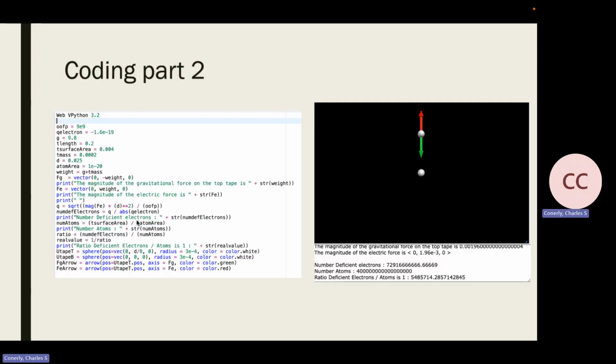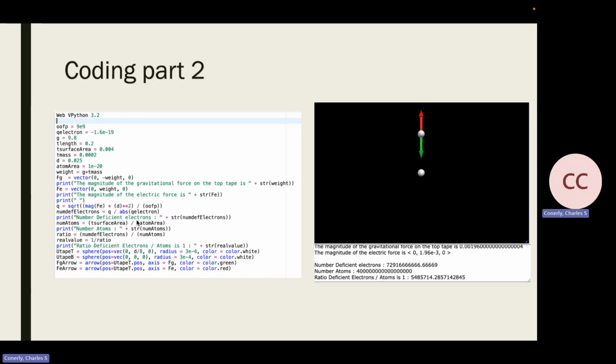So for the second part of the code, we're actually going to look at the effects on the tape over each other. Kind of similar setup to what we did previously, we're going to set up all of our variables first that we know. Then we're going to start looking at the magnitude of the electric force total. We're also going to look at things such as the number of deficient electrons. This is coming from the charge calculations that we get, how they interact.